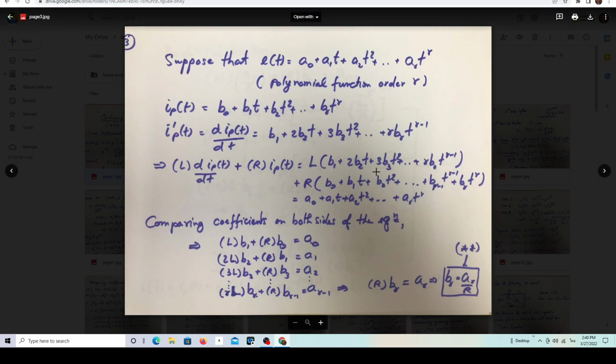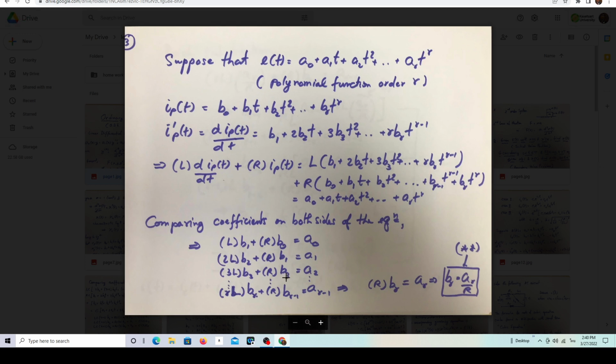Let's look at the quadratic term. The coefficient that multiplies the quadratic term on the left hand side has to be 3 times L times B sub 3, plus R times, oh no, this is a mistake.